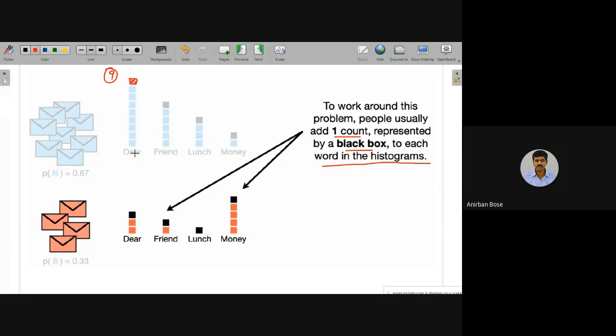So exactly in a similar way, corresponding to each word, one extra box or one extra frequency is added. So if you do that for all the words within the messages, then you see that this lunch will no longer be 0, it will be 1. And now you do the same calculation and you see what is the result, because in this way you can avoid that 0 which came earlier with respect to lunch.